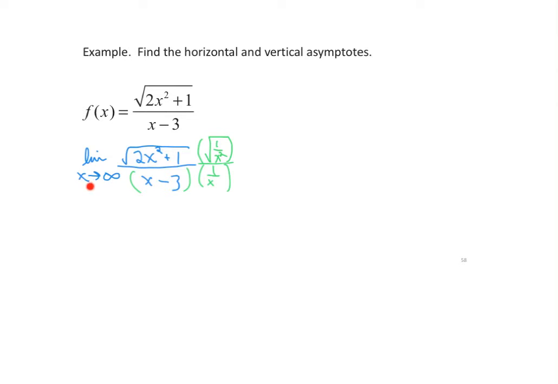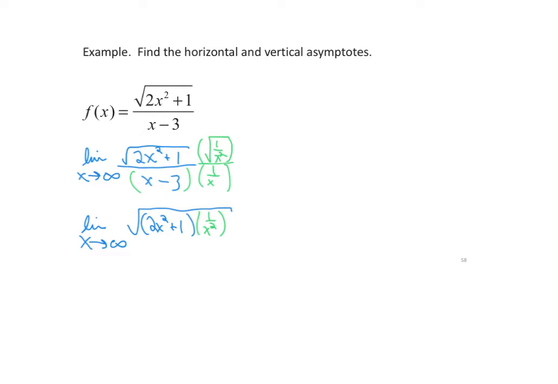Since we're thinking about x going to positive infinity, there's no issue with taking powers of negative numbers or anything crazy like that. So what next? Well, if we simplify this, we have the limit as x approaches infinity of square root of 2x squared plus 1 times the 1 over x squared.